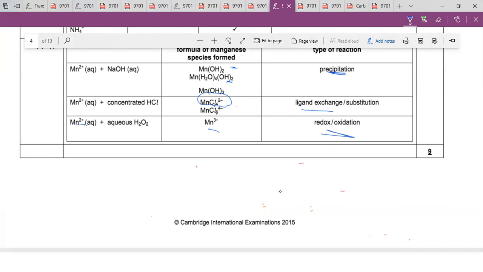Okay. So now I finished for you all the types, the 4 that came out so far. They ask you all this OH minus with NaOH, with ammonia aqueous, with concentrated HCl, with an oxidizing agent. All these things they'll ask you. Okay, type of reaction, right?